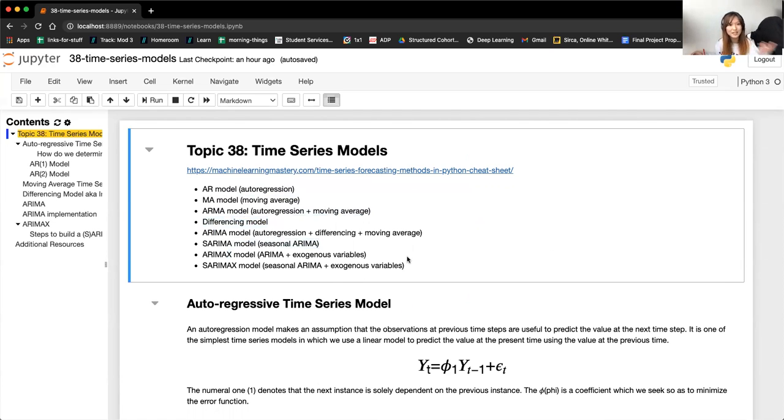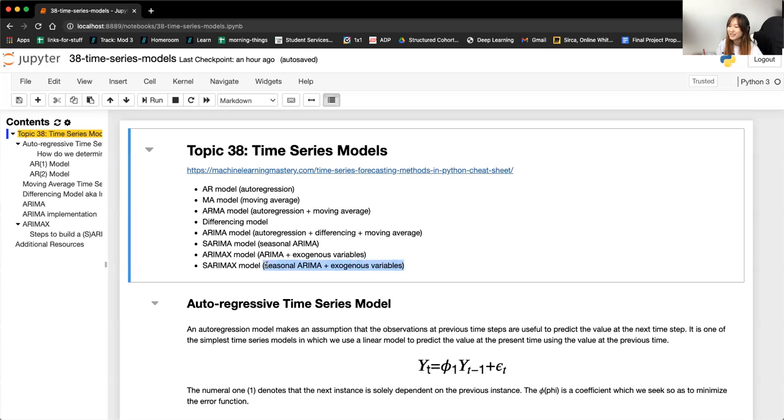So as you saw yesterday, when we were predicting the price of shampoo bottles, we only used previous shampoo sales, previous numbers of shampoo sales, to predict future shampoo sales. Exogenous variables, and we'll talk about that later, is just including other factors in your model. Like for example, what about soap sales? That is an example of an exogenous variable that you can incorporate here.